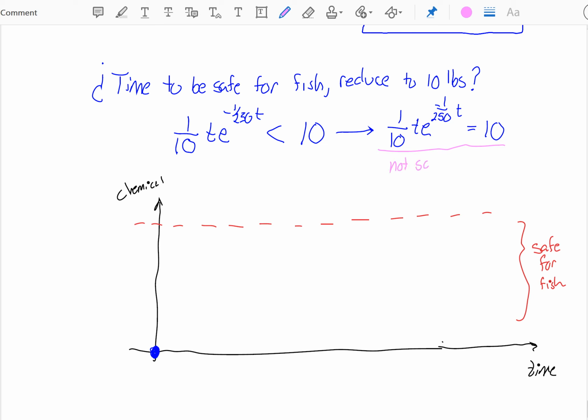This is not solvable algebraically. There is no way to solve for t when t is both a factor here and part of the exponent. So we're going to have to resort to some other method for finding out if this is safe or unsafe for our fish. So I'm going to use Desmos.